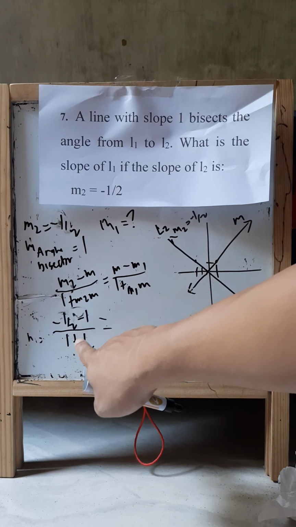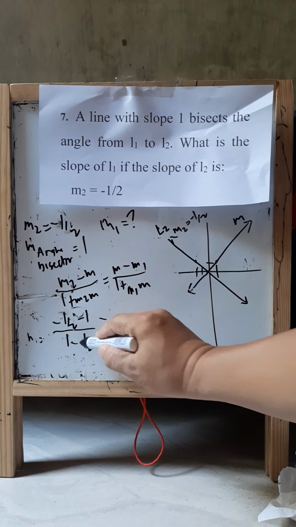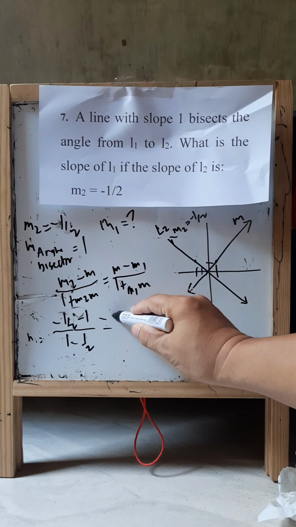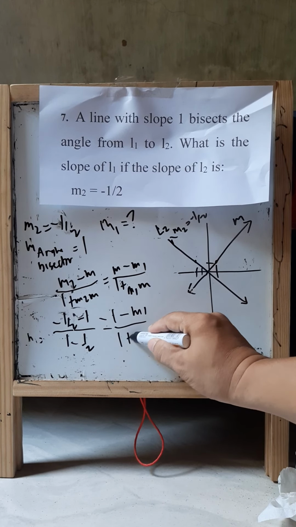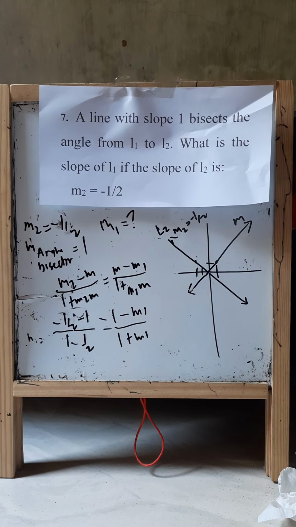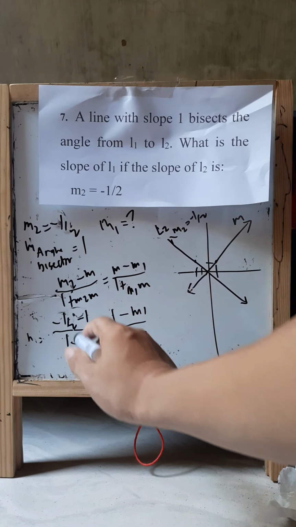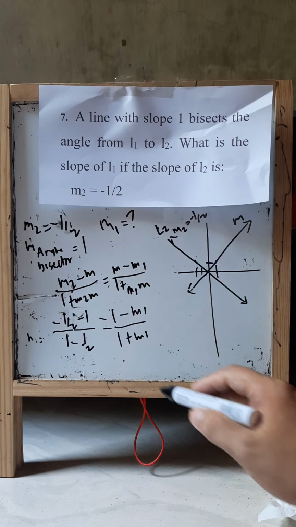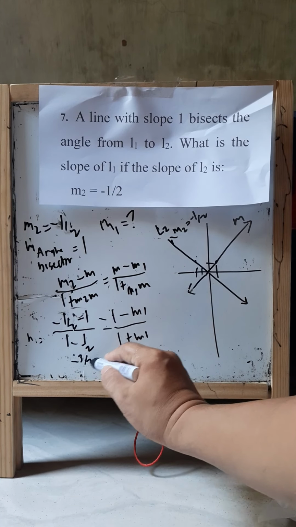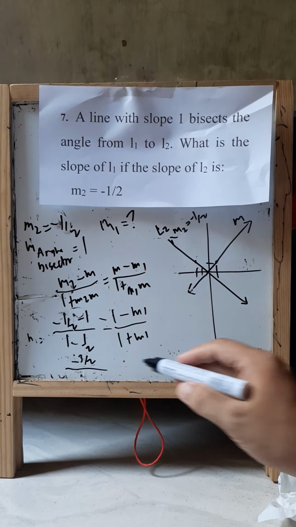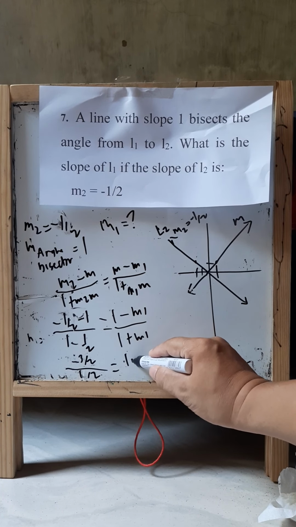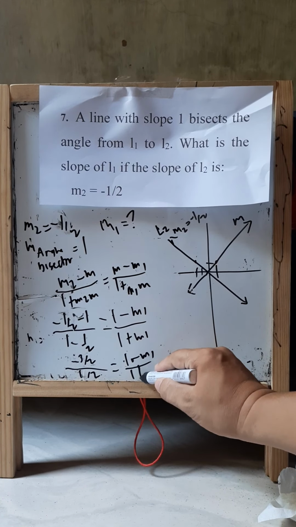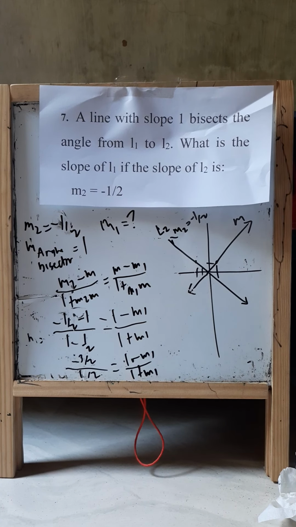Kasi negative yun. Then here, m which is 1 minus m sub 1 over 1 plus m sub 1. Then negative 1 half minus 1 is negative 3 halves over 1 minus 1 half is 1 half, equals 1 minus m sub 1 over 1 plus m sub 1.